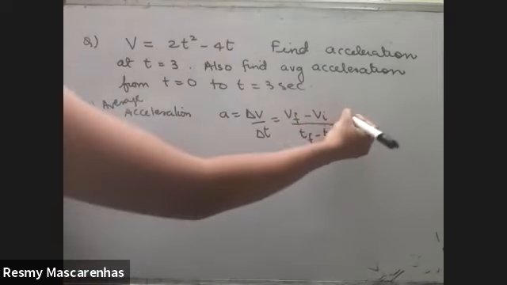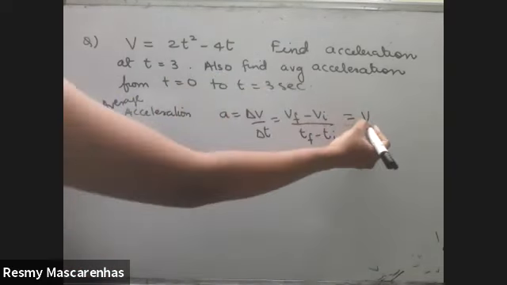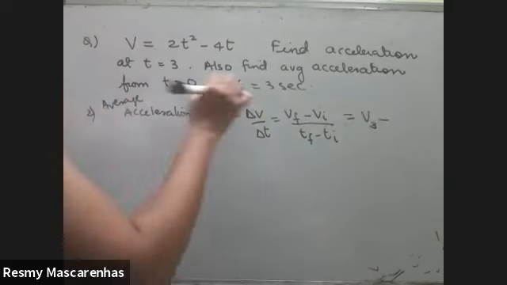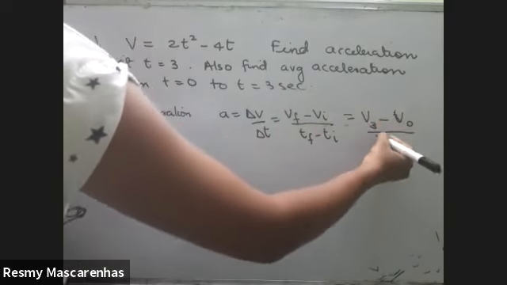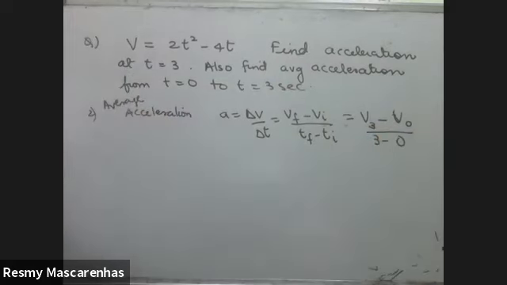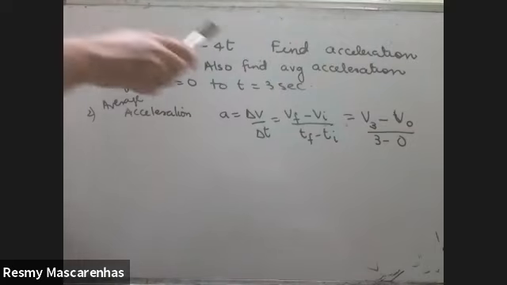So what is it? V from where to where? 3 seconds, and then starting is 0 seconds. Time directly can put 3 minus 0. Final time is 3 seconds, initial time is 0. Now we need to find the value of V3.